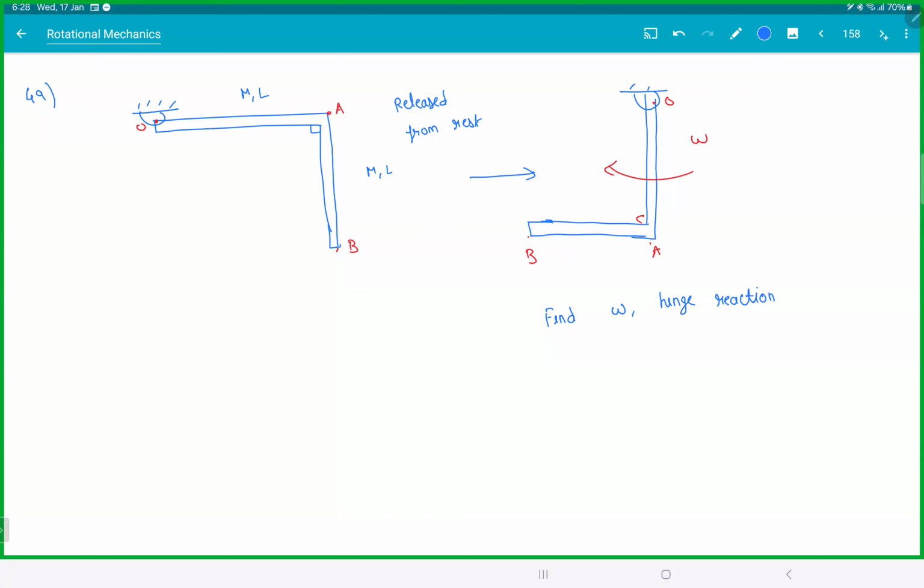More than the actual result, I want you to see how you will draw the FBD and everything, when OA becomes vertical. Find omega first.